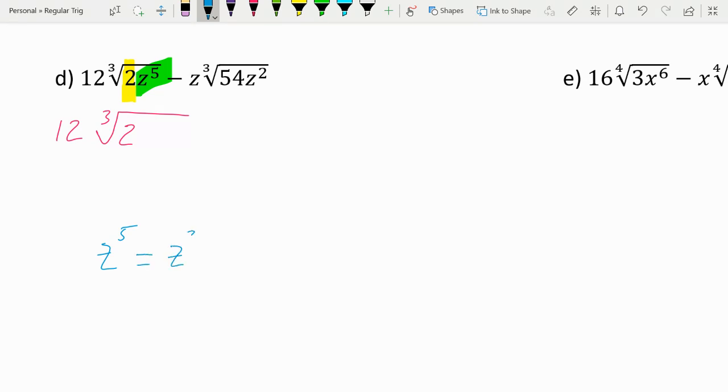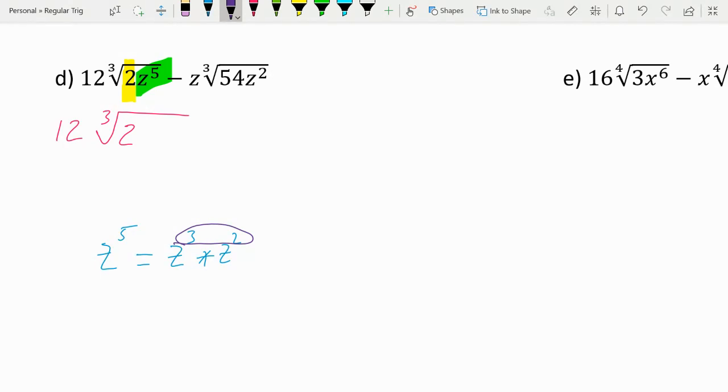Well, I hope you agree with me. Z to the 3rd times z squared will give me z to the 5th, right? Because all I'm doing is adding those exponents together. So 3 plus 2 gives me that 5.